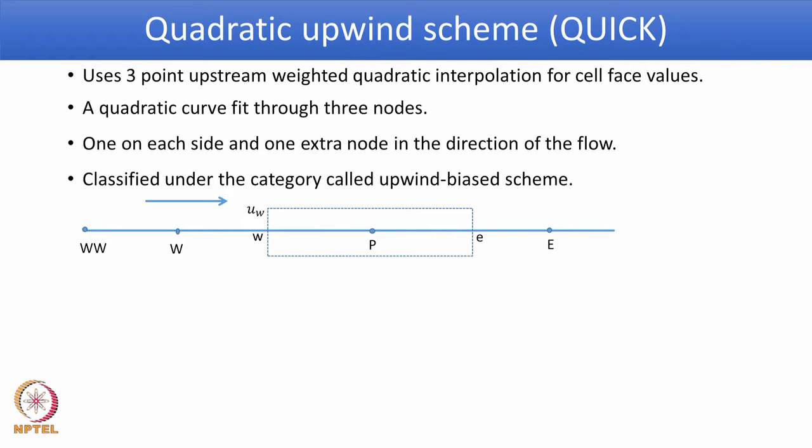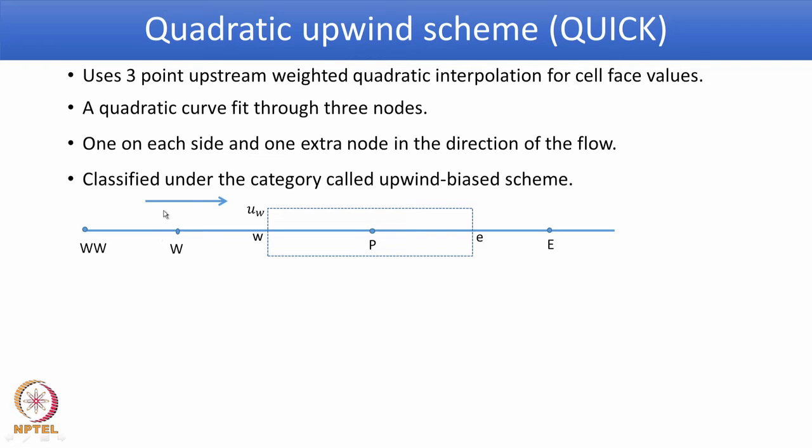Let us take this illustration. P is a node of interest and you construct a control volume around that node, and the respective nodes on the right side and left side are also marked, in this case capital letter E and capital letter W. Then one more node is also marked, which is west of west, shown here as WW.